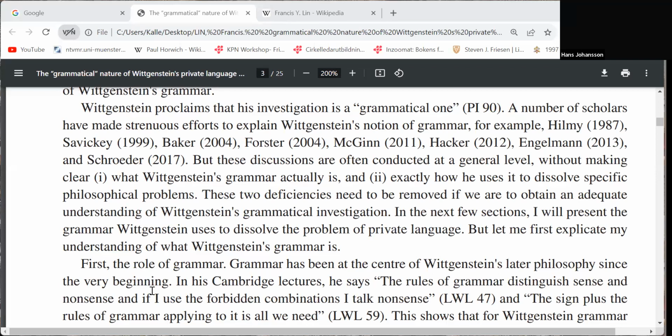These two deficiencies need to be removed if we are to obtain an adequate understanding of Wittgenstein's grammatical investigations.